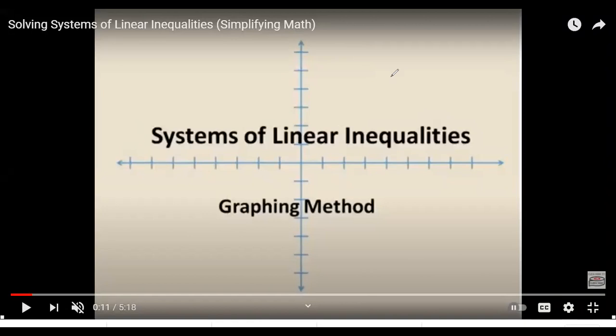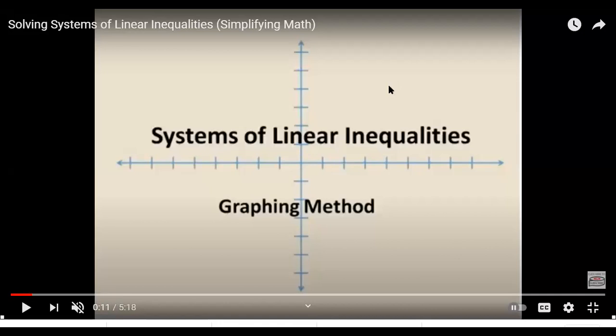Yes, Muhammad, go on. The solid line is when the equation has the equal sign. That means the points which belong to the line are part of the solution, right?